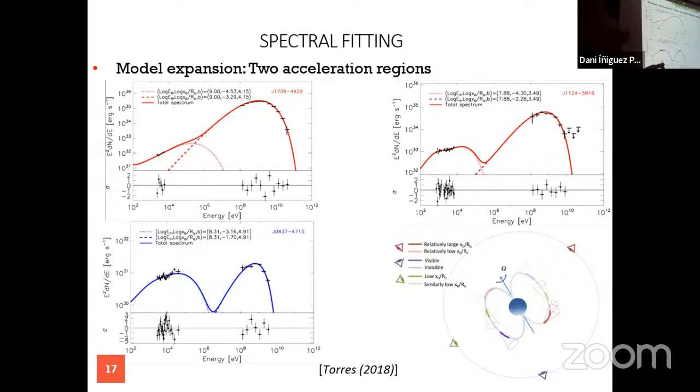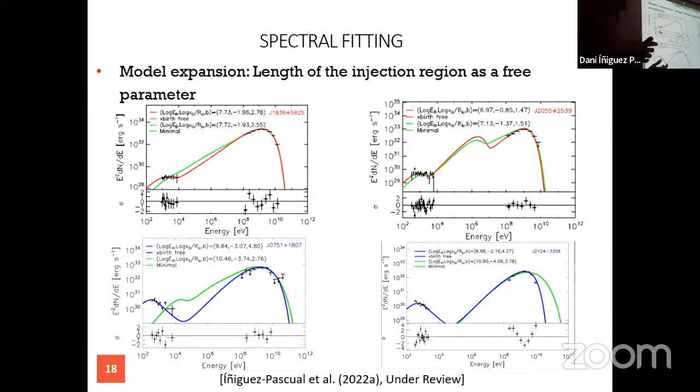Then, in the last few months, another expansion of the model was proposed. We asked ourselves if letting the length of the injection region that I have mentioned before be a free parameter, instead of fixed, could explain the pulsars that were not fitted with the minimal model. So we did so, and some of the pulsars that were not well fitted with the minimal model were now well fitted.